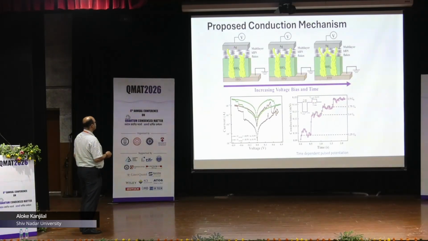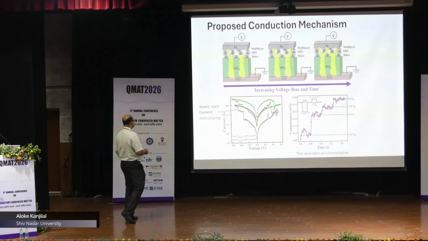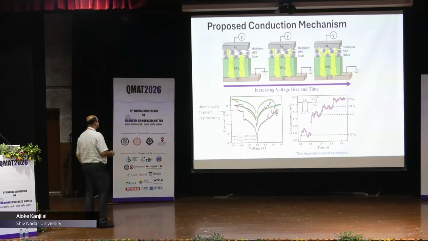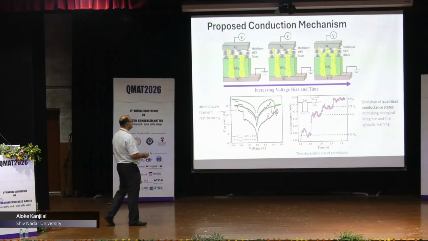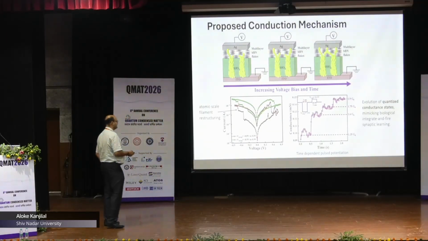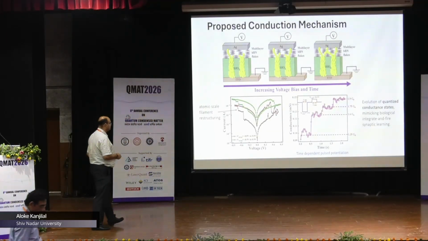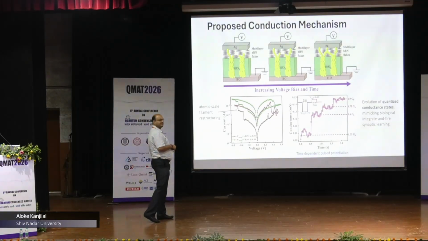If we increase the potential, then more such conducting filaments will form and more such steps will form. So this says atomic scale filament restructuring by increasing potential, and this shows the evolution of the quantized conductance states, which mimics the biological integrate-and-fire synaptic learning.